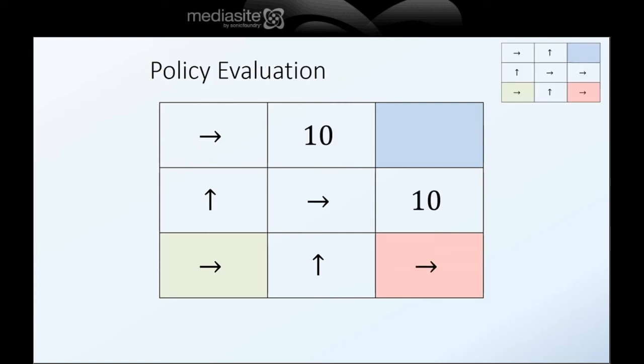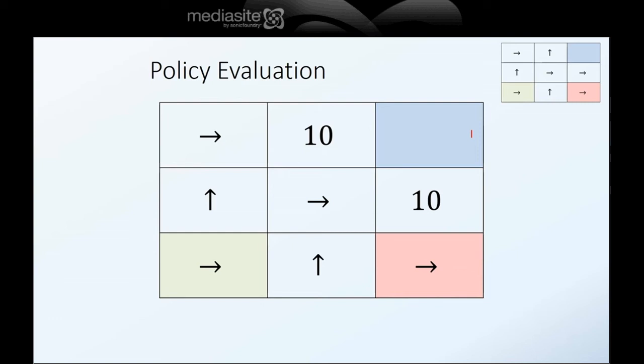Since the goal state does not need any action because the agent has already reached the goal, we can assume that the value of the goal state is something very high. It should be around 100.